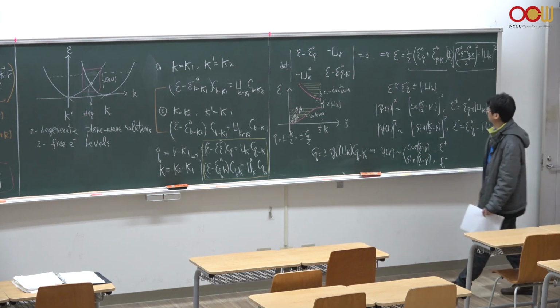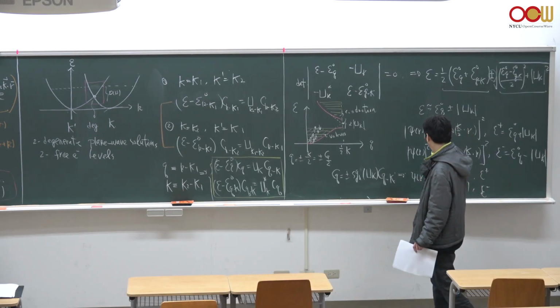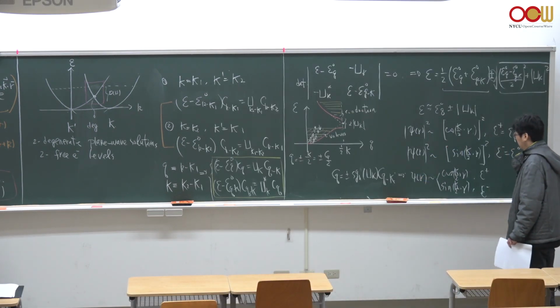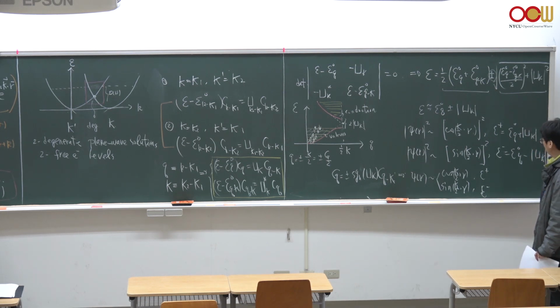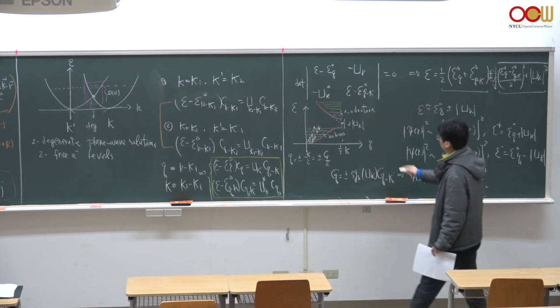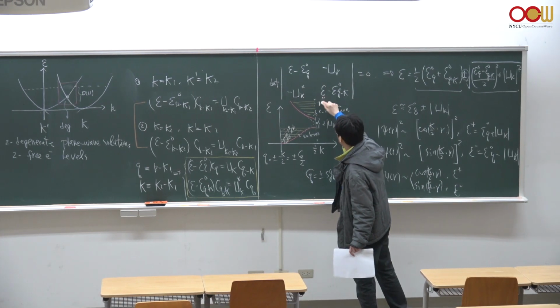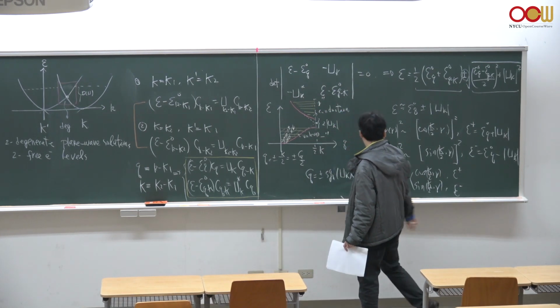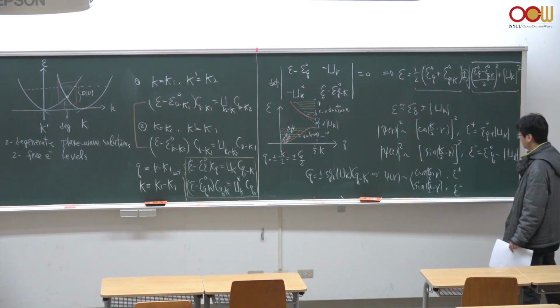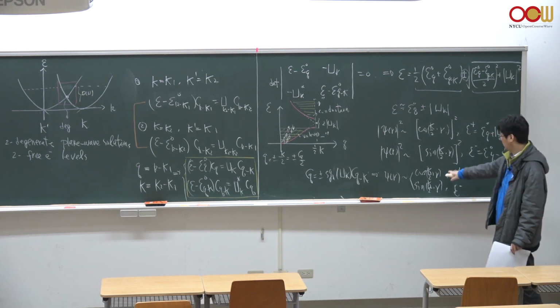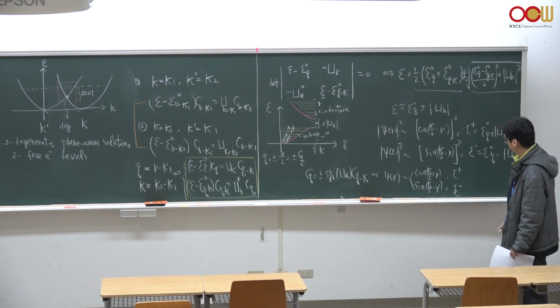Okay, and then we could further find the eigenfunction, the wave function corresponding to the plus branch or the minus branch of the electron states, and they behave like a cosine or sine depending on whether the electron belongs to the plus branch or the minus branch.